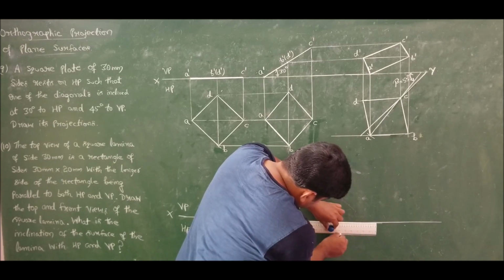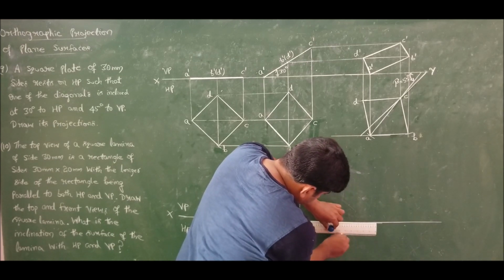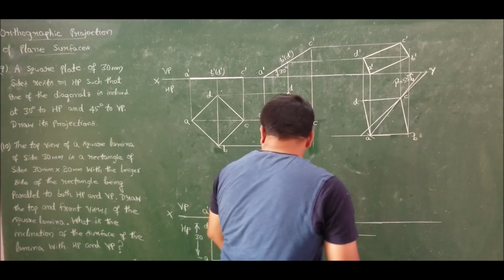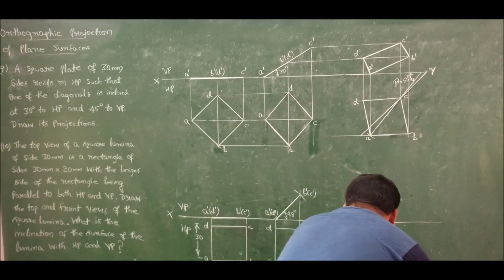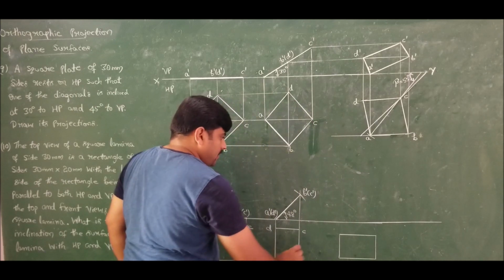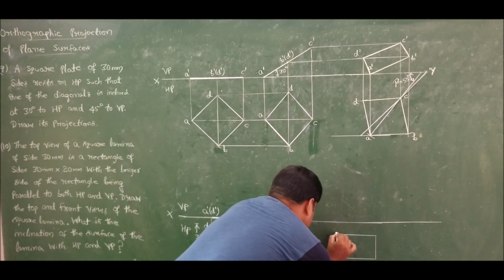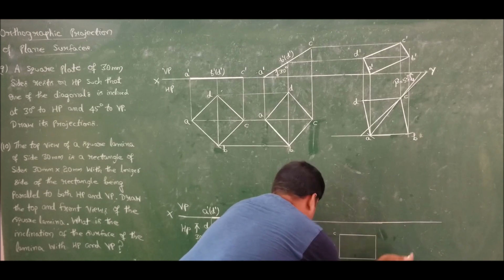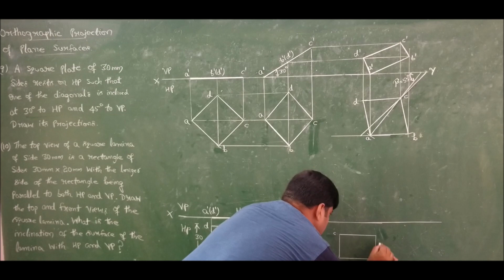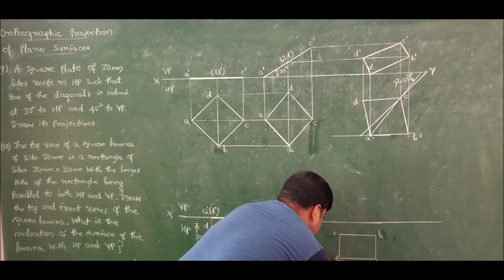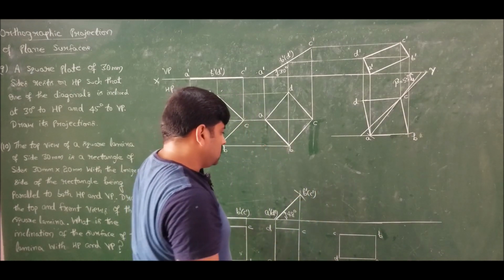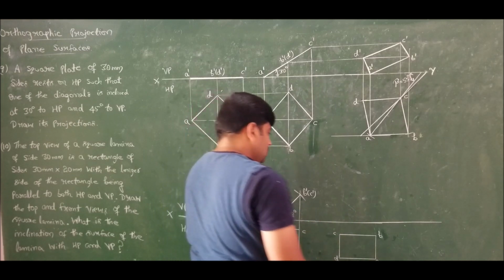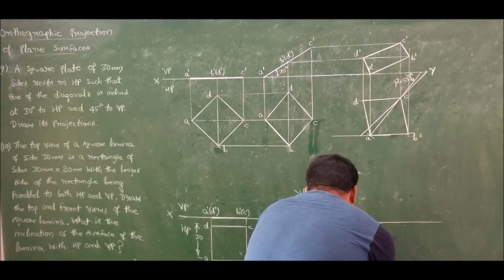So I made the longer side parallel, that is, I will take it as CB, A, B, C and D. So longer sides are parallel to both HP and VP.